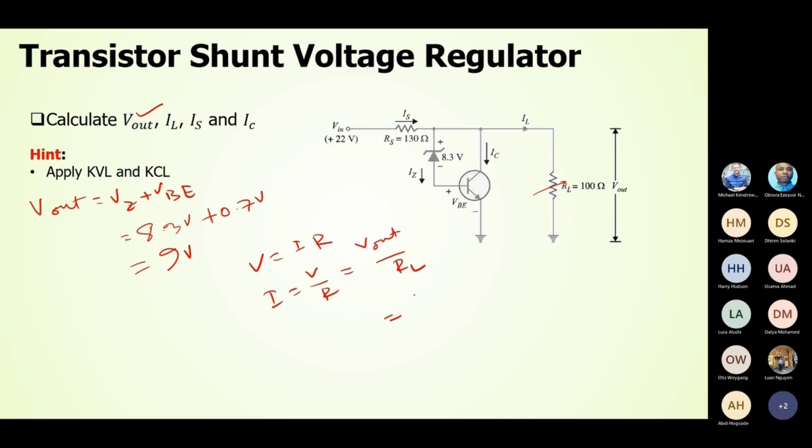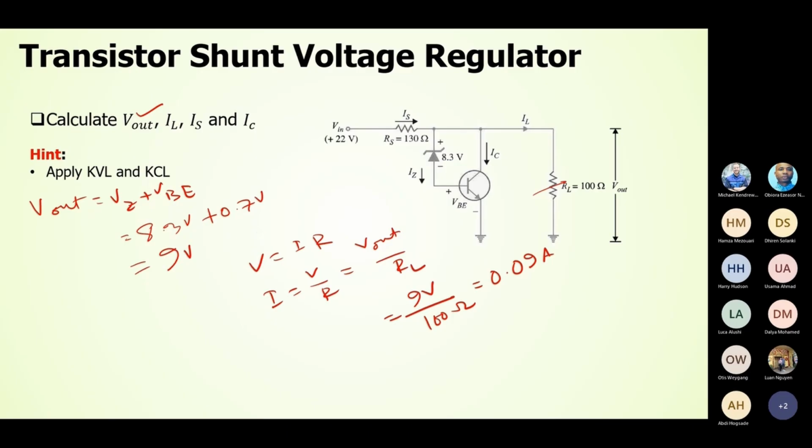V out is 9 volt. And what is RL? 100 ohm. So you can calculate it: 9 volt over 100 ohm would be 0.09 ampere.